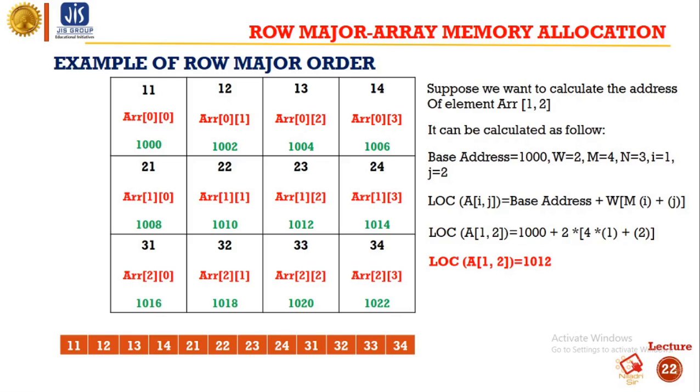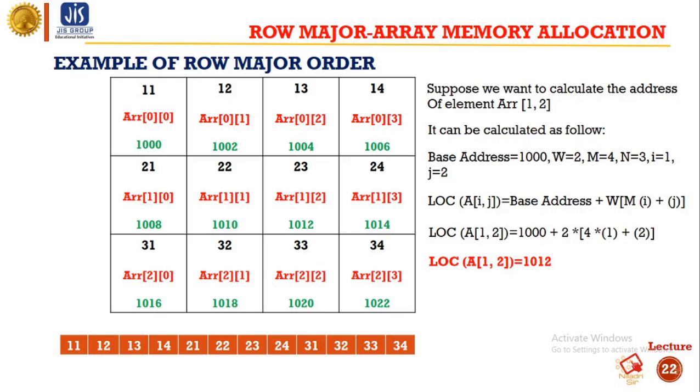Okay, and the addresses of elements are incremented row wise. So it is not incremented column wise, it is incremented row wise.